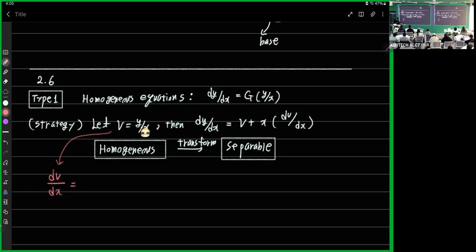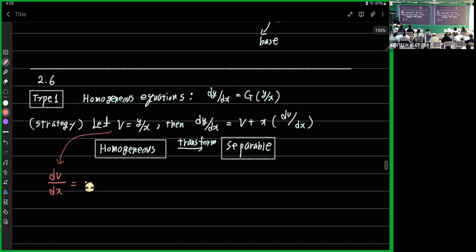Keep in mind that y is a function of x, so we have to apply the chain rule. Then d of what? y prime times 1 over x.